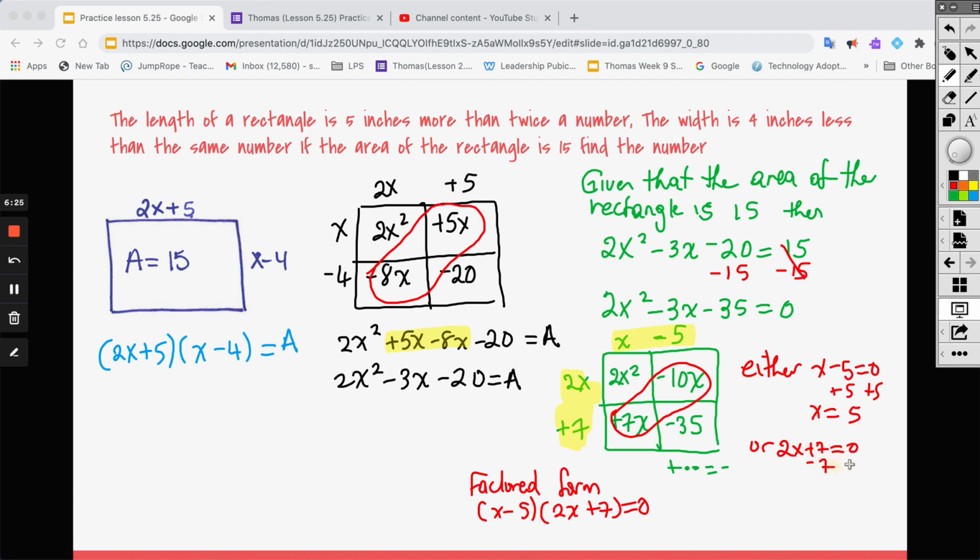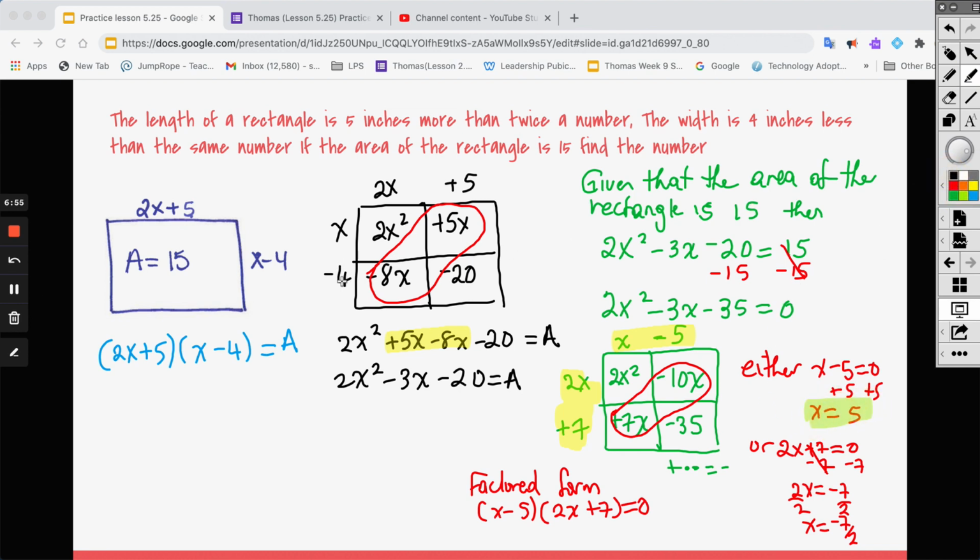We subtract 7. We'll have 2x is equal to negative 7. We'll divide by 2, x is equal to negative 7 halves. Now, because length must be positive, we know that the only answer that would work in this particular case is where x is equal to 5.